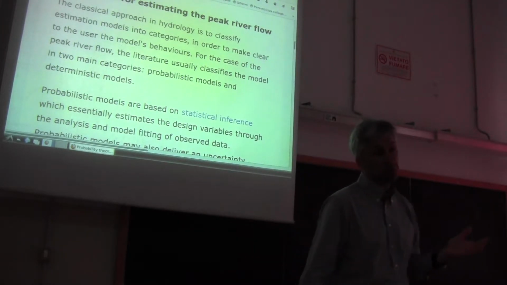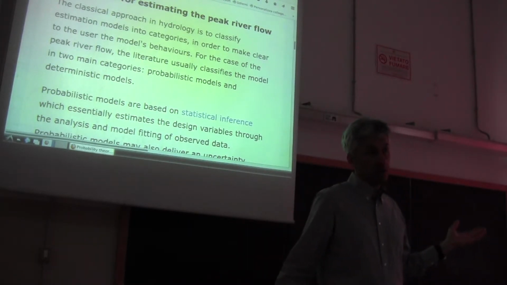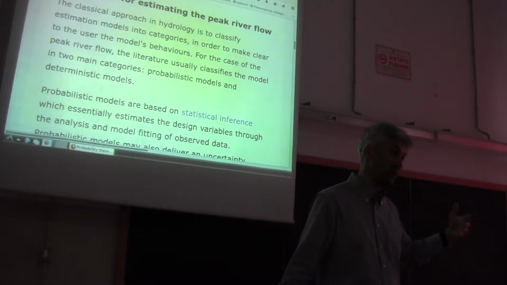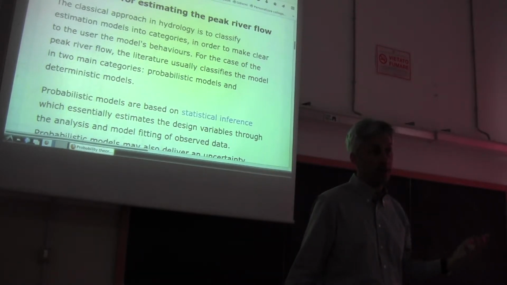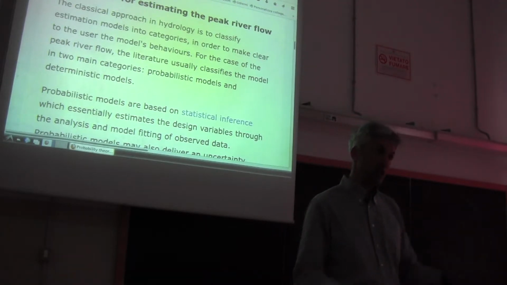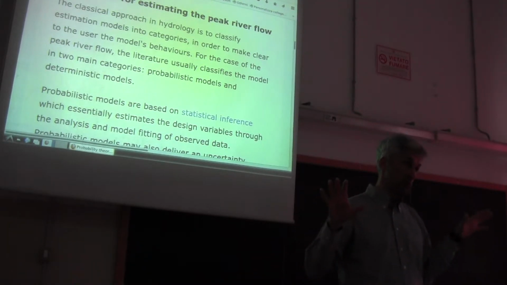And therefore, what can we do? We can reason in terms of probabilities, which is, I think, a viable solution, because if I cannot predict deterministically, I have two possible ways to follow.